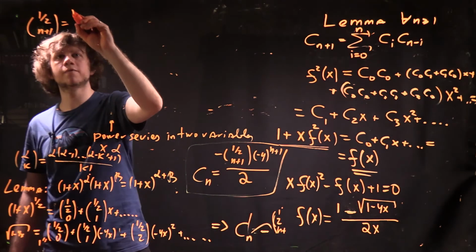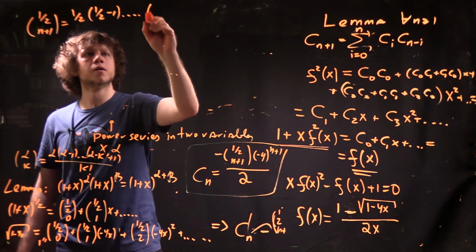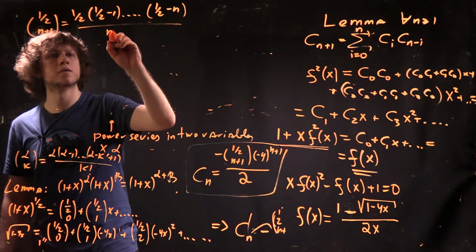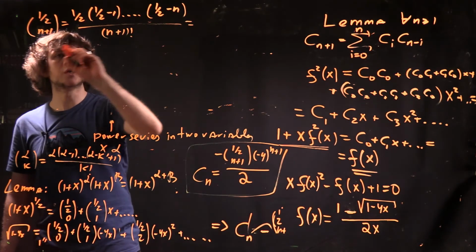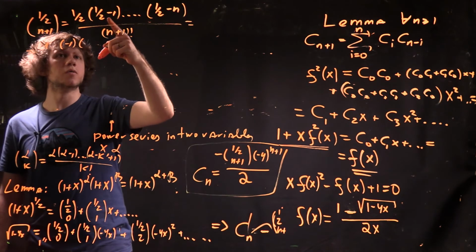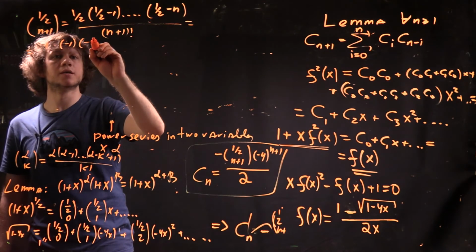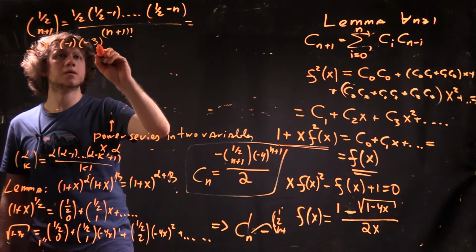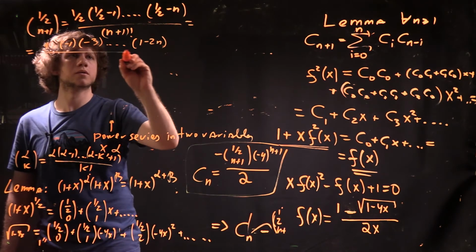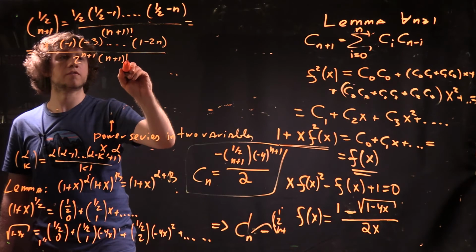According to the formula, it's (1/2)(1/2 − 1) and so on, the product up to (1/2 − n), divided by (n+1) factorial, which equals 1 times minus 1 times minus 3, up to 1 minus 2n, over 2^(n+1) times (n+1) factorial.